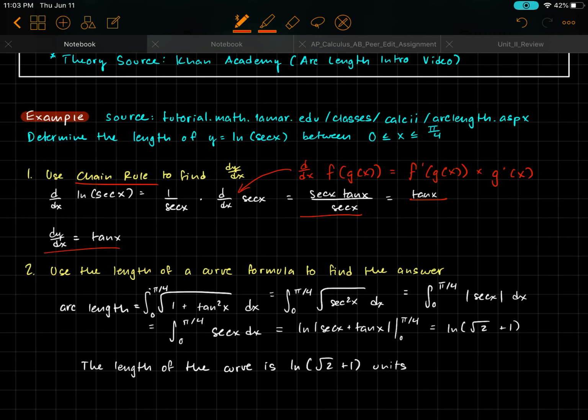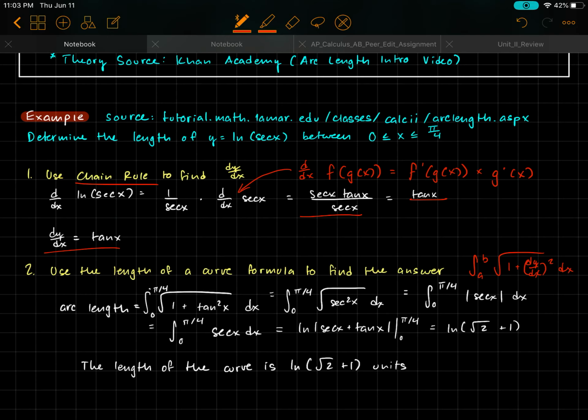Now finally, what we have to do is just use the formula that we just proved for the length of a curve, plug everything that we have into it, use some simple antiderivatives, and come to our answer. So we're going to use the formula that we had, the integral from a to b of the square root of 1 plus dy dx squared dx.